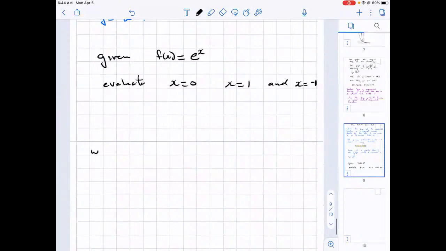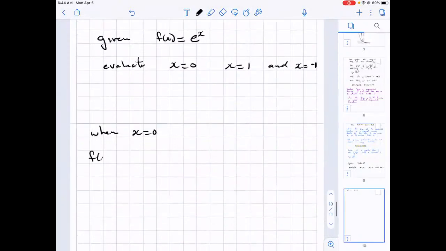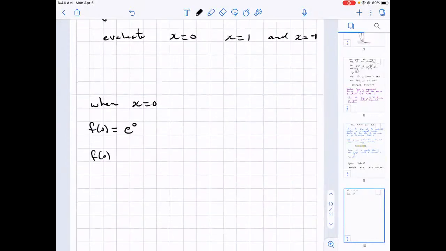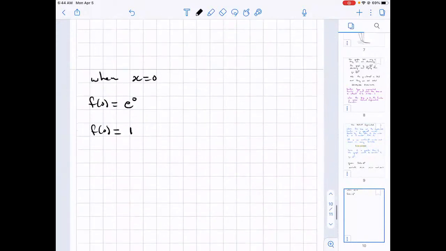So when x is equal to 0, we have f of 0 is equal to e to the 0. Therefore, f of 0 is 1. e to the 0 is 1. So your point here is the point 0, 1, right?